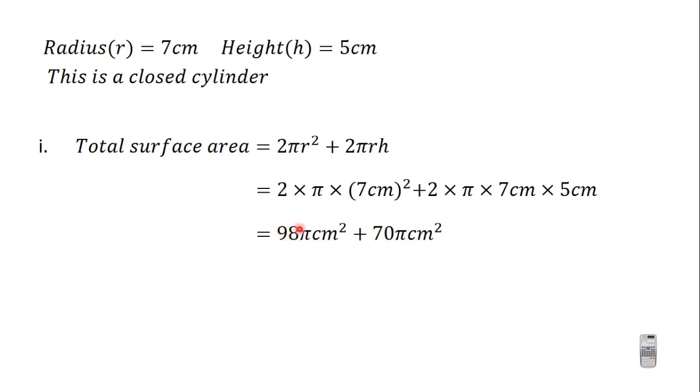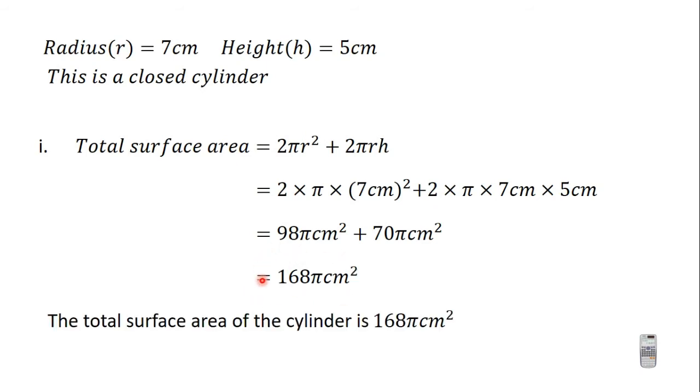If we add 98 pi to 70 pi, you will get 168 pi centimeters squared. If you find this on your calculator, you will see that you have 168 pi centimeters squared. Since the question said we should leave our answer in pi, this is going to be our final answer. So the total surface area of the cylinder is 168 pi centimeters squared.